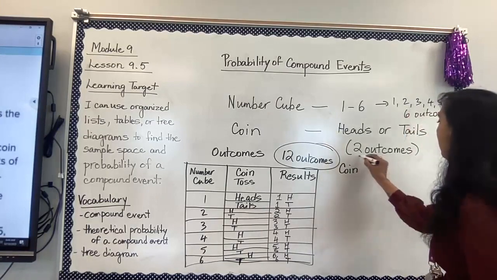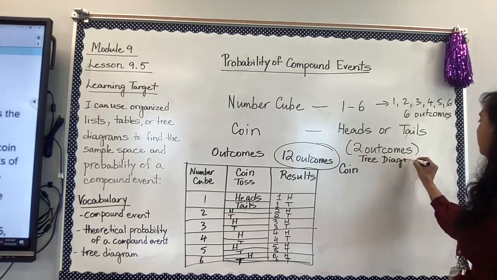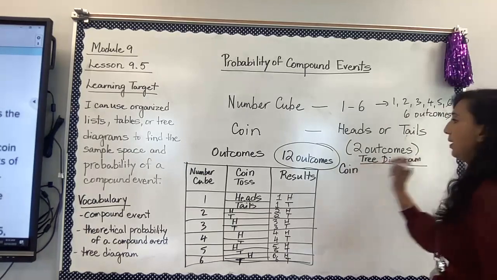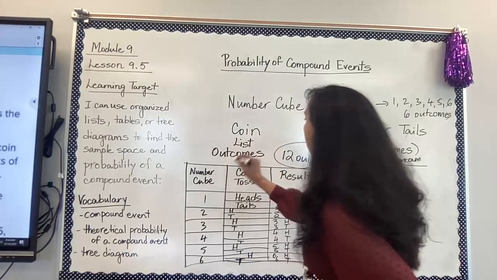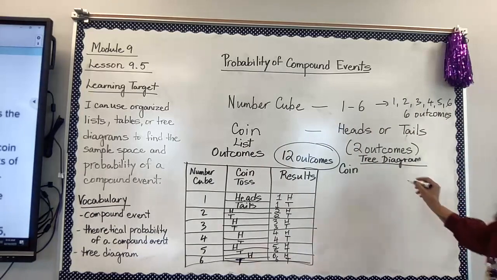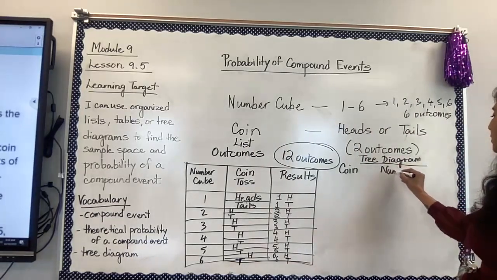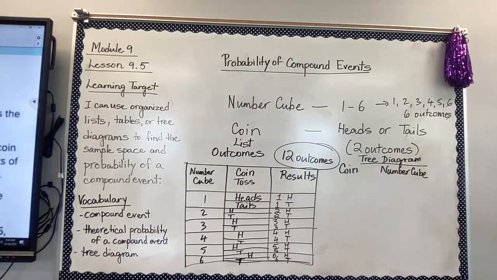I'm making a tree diagram now. And this was list, okay, in a table. And so I have coins, and in the coin, and then I have number cubes. And then I have the outcomes.